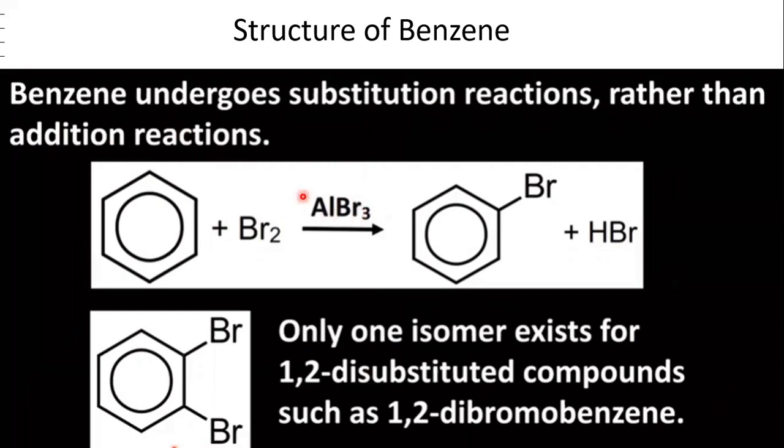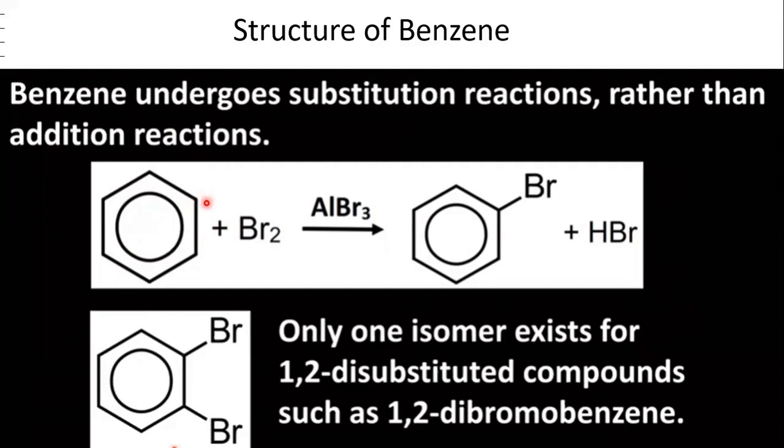Usually benzene undergoes substitution reaction rather than addition reaction, because if we perform an addition reaction with benzene, the stability of benzene gets disturbed. The delocalization of the pi electrons gets disturbed whenever we add any electrophile or any nucleophile to the benzene molecule.